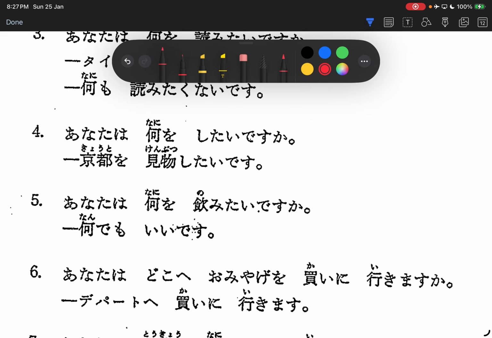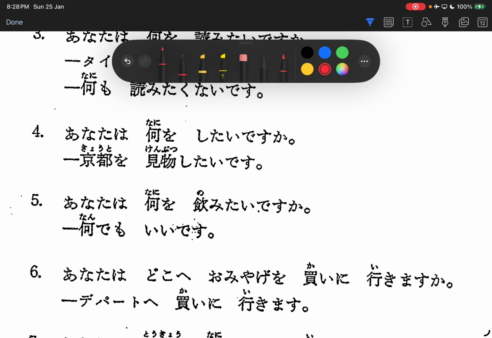Actually both can, but what is the main difference here? 見物したい means want to view, for the purpose of learning, you want to see, like a learning journey, a learning excursion. So one is learning in Japan, and one is learning about Japan.